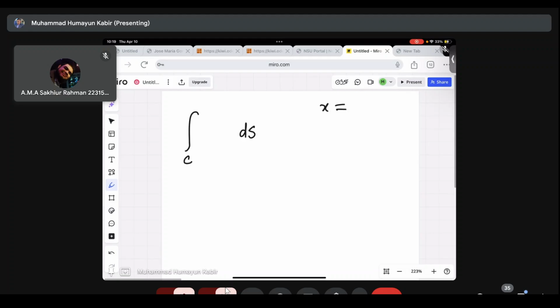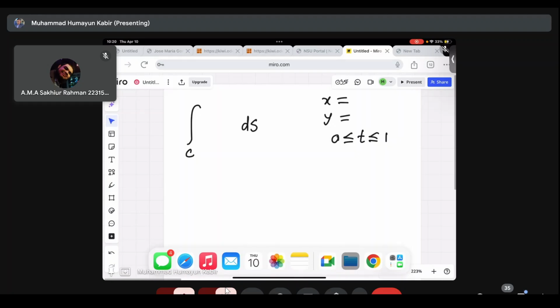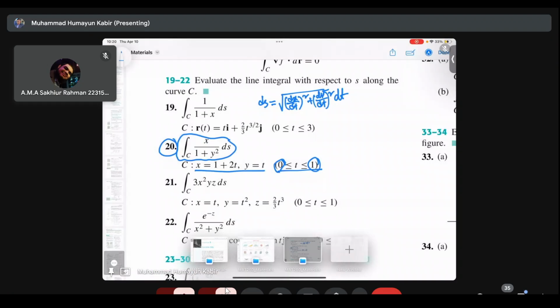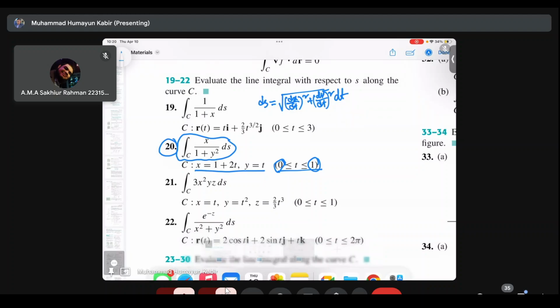Here, the parametric equations are given. The integrand is x over 1 plus y square, with x equal to 1 plus twice t, y equal to t square.